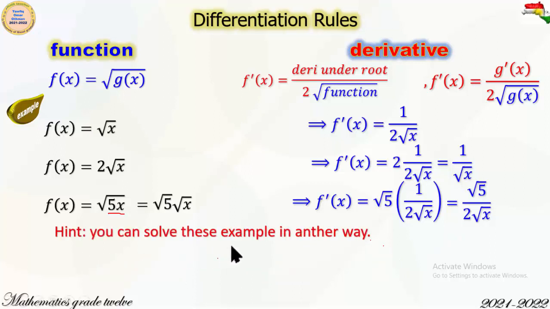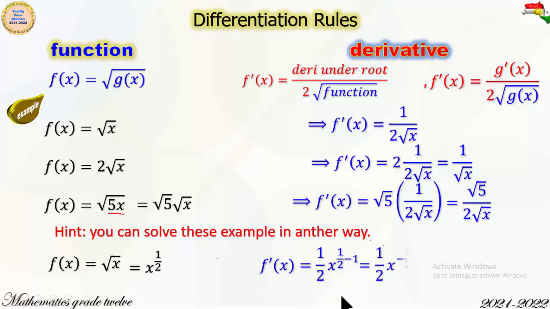You can solve this example in another way. Make f of x, change it from square root to the power. It becomes x to the power 1 over 2. Then take the derivative of x to the power 1 over 2, which becomes f prime of x is equal, write first of all the power, then x to the power minus 1, which is 1 over 2.